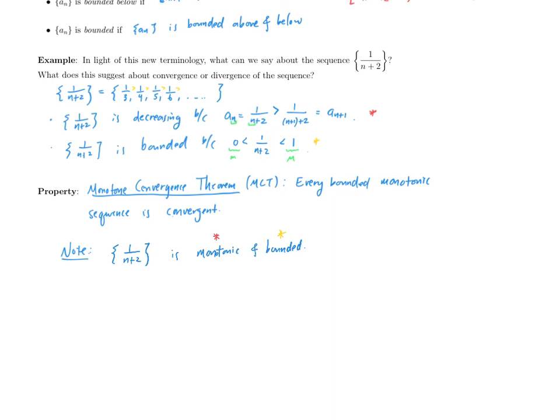And we could easily use limit laws to determine the value of the limit, but just to illustrate the monotone convergence theorem, we can now know by the monotone convergence theorem, this sequence 1 over n plus 2 converges. And note it doesn't tell us the value of the limit, once again, simply that it exists.